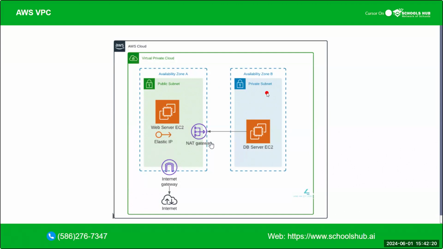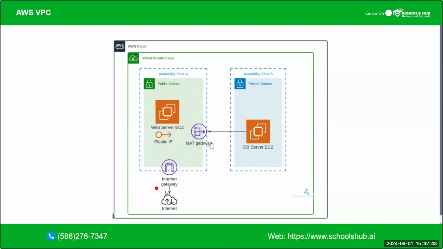And then comes the internet gateway. We are in a network, but how do we get into this network? It is through the internet gateway. We have internet in our phone, in our devices, but we don't know how to reach our VPC. So how do we reach our VPC from the internet?